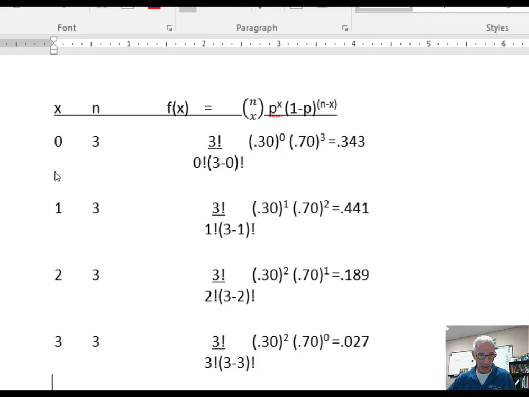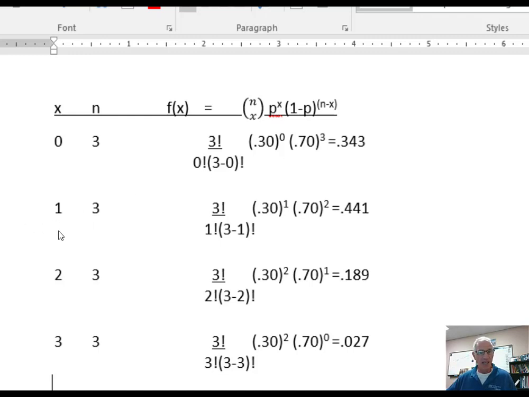In the first line, we have 0 successes in 3 trials, which is 3 factorial over 0 factorial times 3 minus 0 factorial, which is 3 factorial over 3 factorial, which goes to 1, times 0.3 to the x, which is 0, and 0.7, 1 minus 0.3, to the n minus x, which is 3 minus 0, which is 3, and we get a total of 0.343. Our probability, therefore, that we will have 0 successes in 3 trials is 34%.